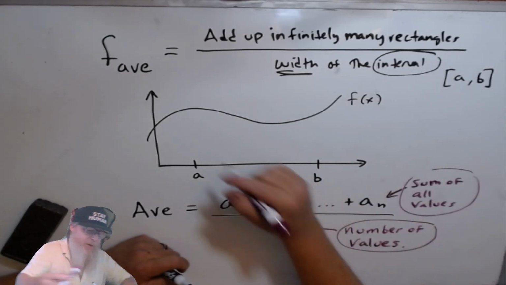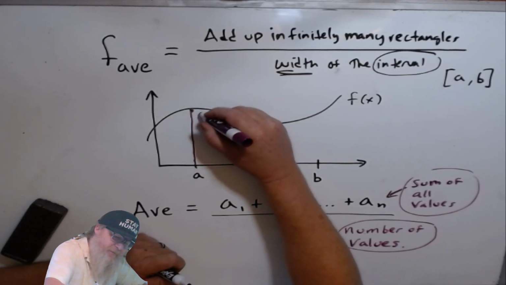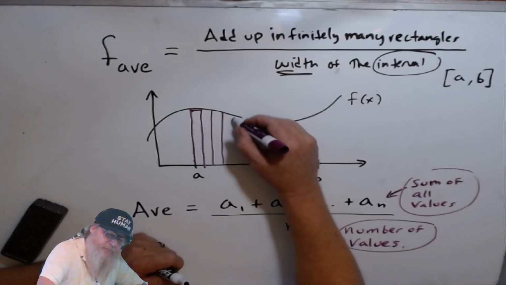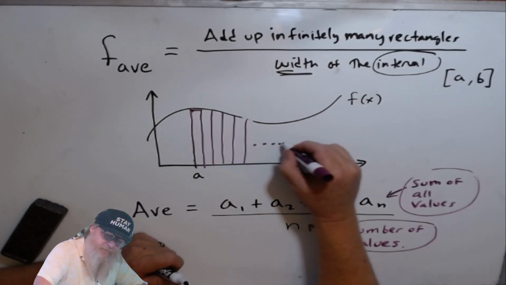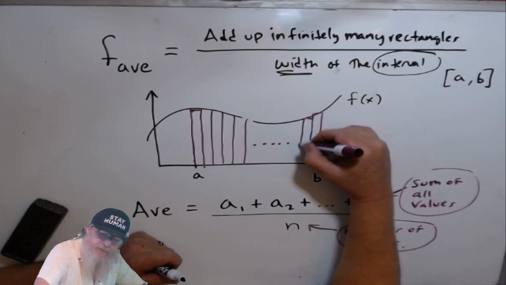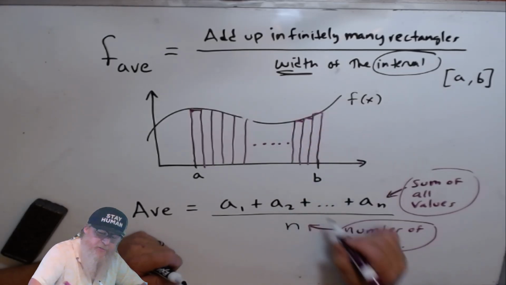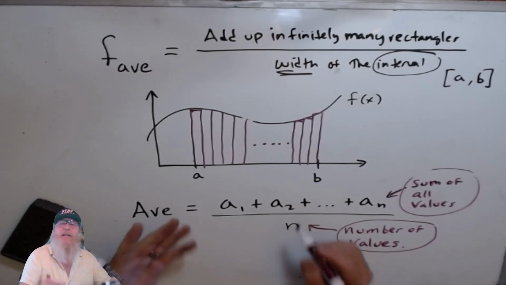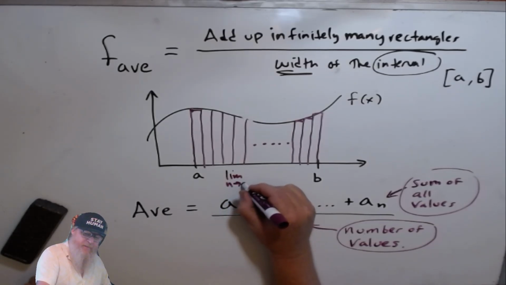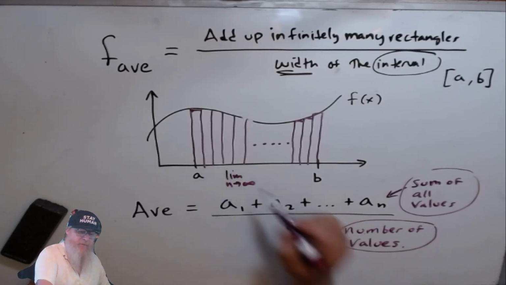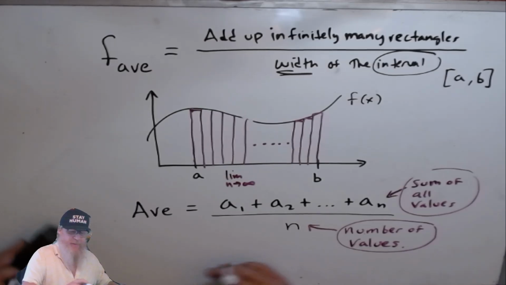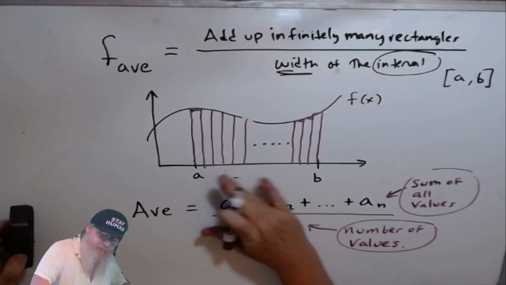And then we have the rectangles. I'm not going to draw infinitely many rectangles. It's going to be just like it was in the previous lectures. It's the limit as n goes to infinity, where n is the number of rectangles.